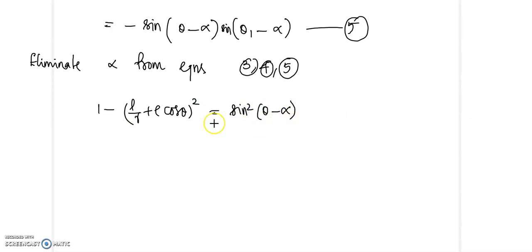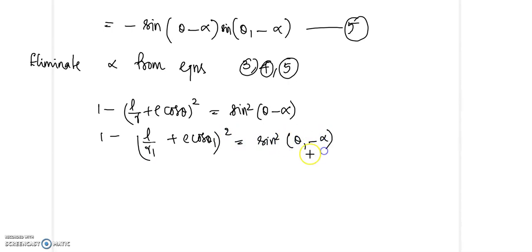That was equation 3. And equation 4 is (1 − L/r1 + e cos θ1)² equal to sin²(θ1−α), and this is equation 4.